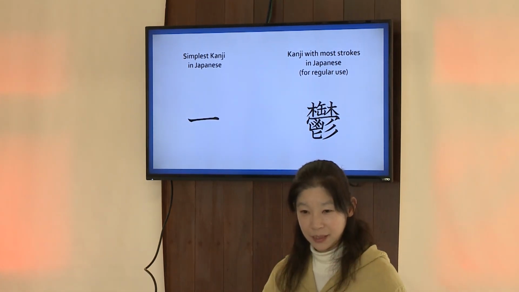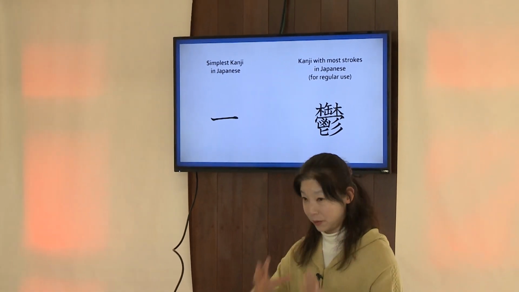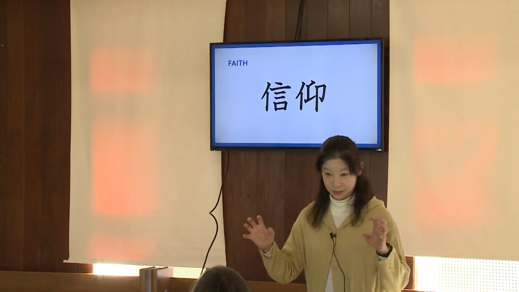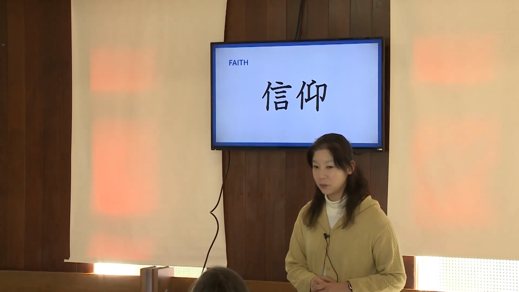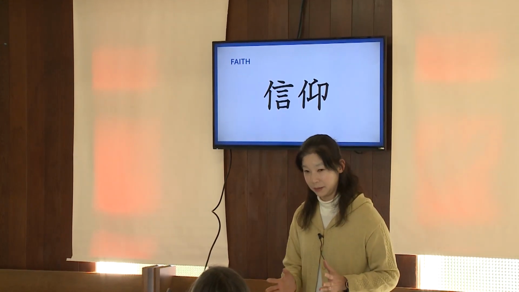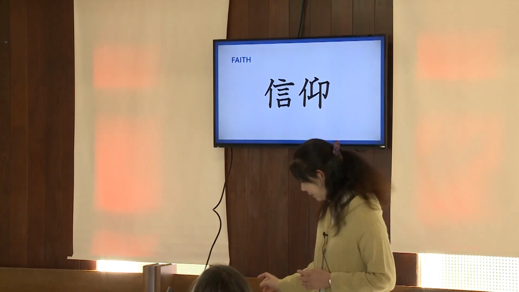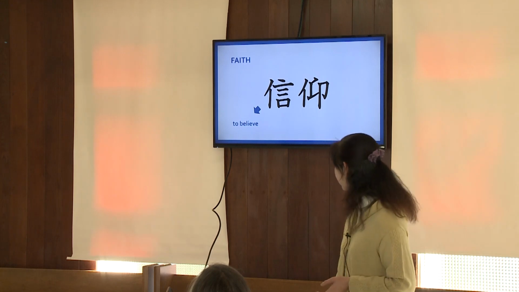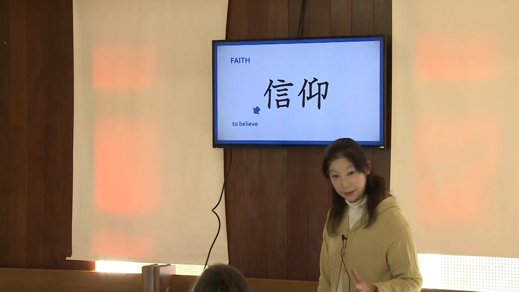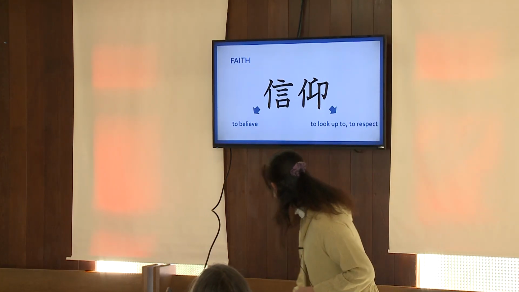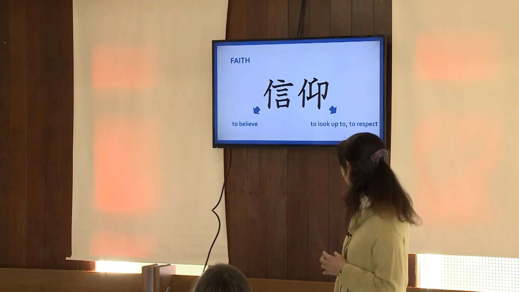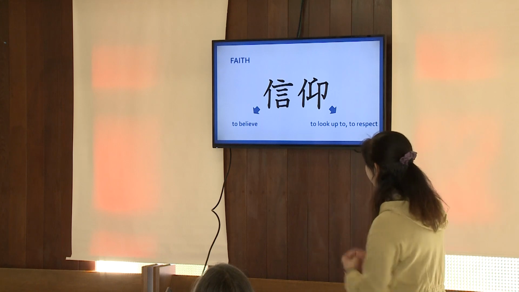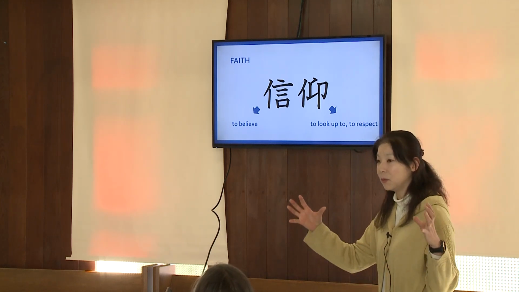One kanji character can represent a word, or sometimes two characters form one word and have a meaning, like faith. This word consists of the word to believe and to look up to or to respect. So there are two different kanji characters, but one word.